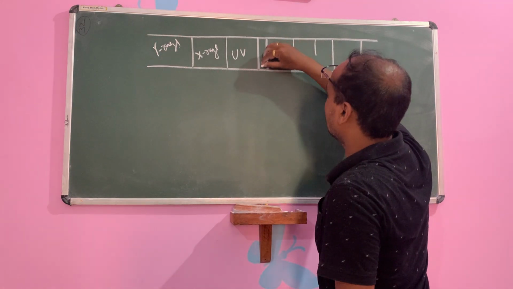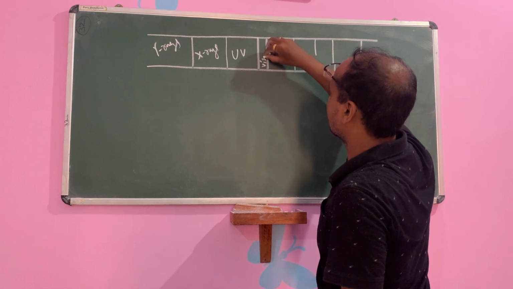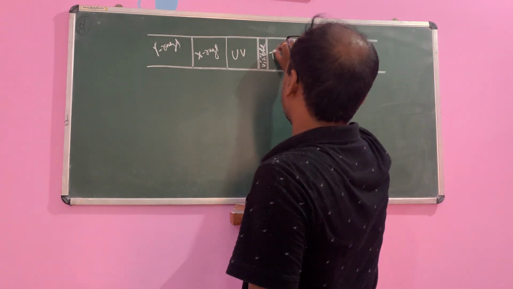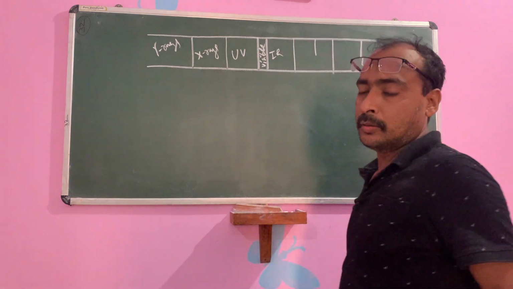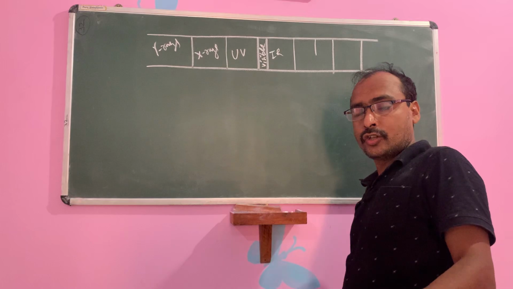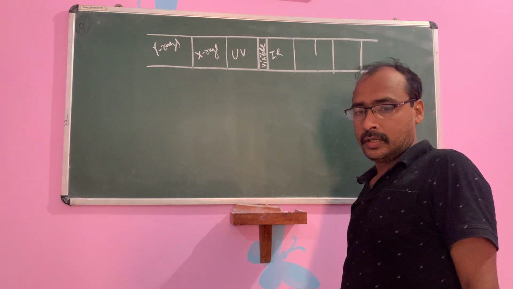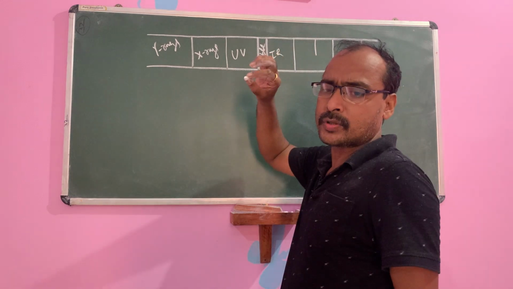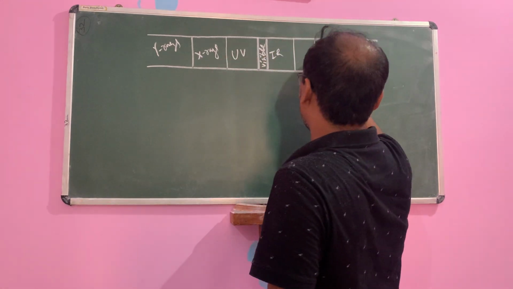This is your visible radiation. Visible. Then, you know, children, infrared. After the visible there is your infrared radiation. Next one is your infrared, IR, and ultraviolet is your UV. Then microwaves. Microwaves, you can take one box also.